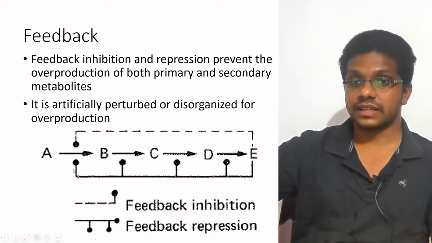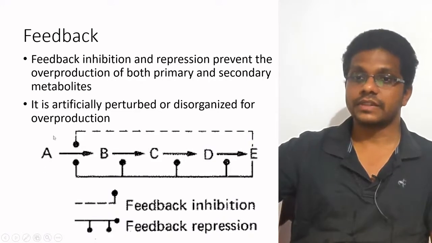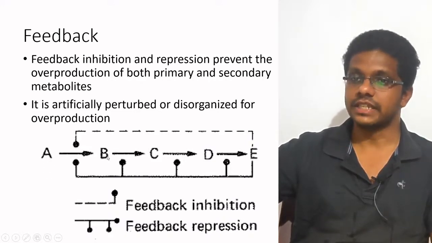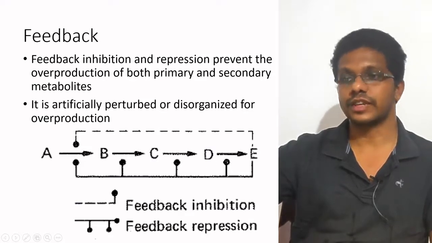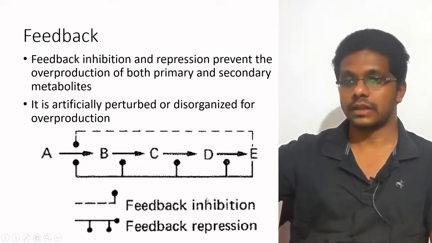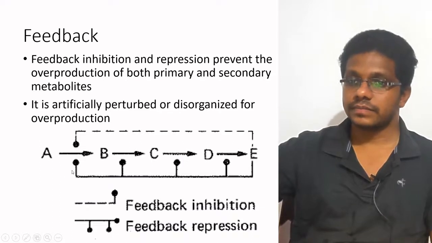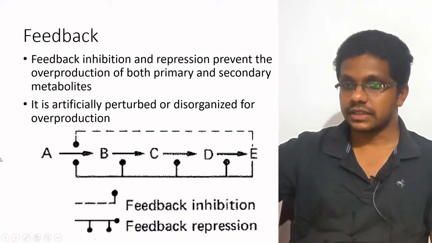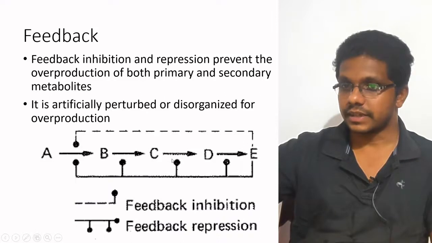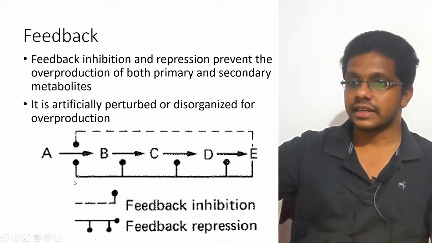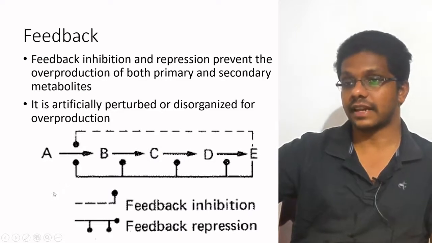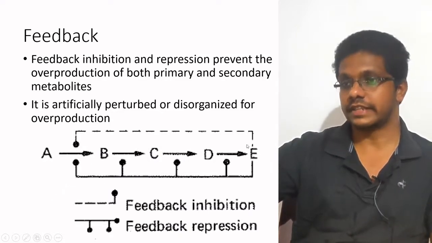In this conceptual pathway, it begins with the precursor A, which is converted to B, then to C, to D, and finally D is converted to E. So this is a hypothetical pathway, and step by step each reaction is catalyzed by an enzyme.